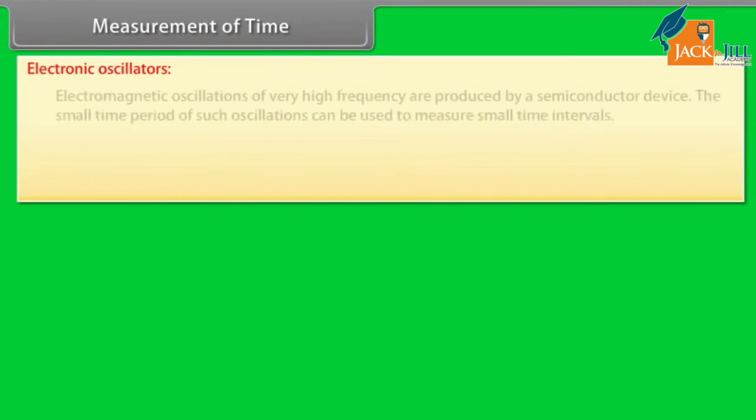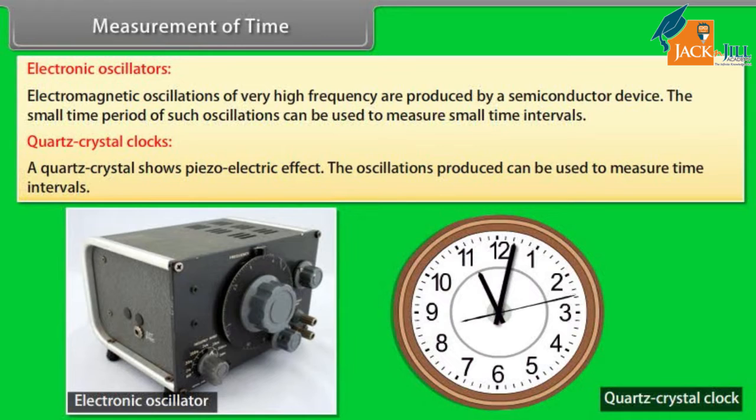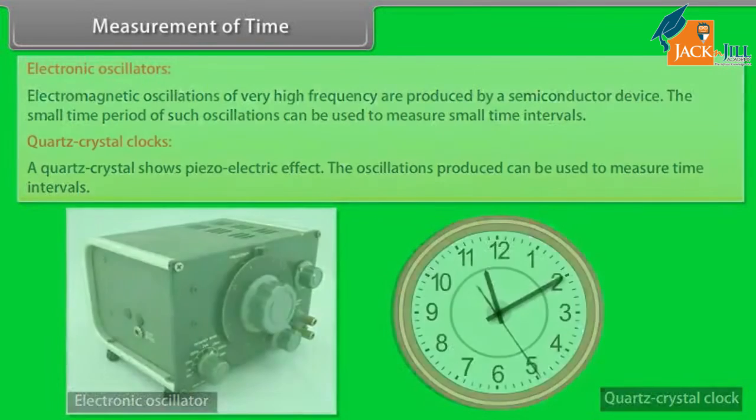Electronic oscillators: electromagnetic oscillations of very high frequency are produced by a semiconductor device. The small time period of such oscillations can be used to measure small time intervals. Quartz crystal clocks: a quartz crystal shows piezoelectric effect. The oscillations produced can be used to measure time intervals.